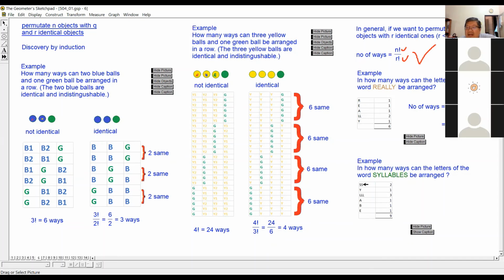S has 2, Y only 1, L has 3, A 1, B only 1, and E only 1. Altogether, 9 letters. So can you tell me how many permutations there are? How many ways can the letters be arranged?